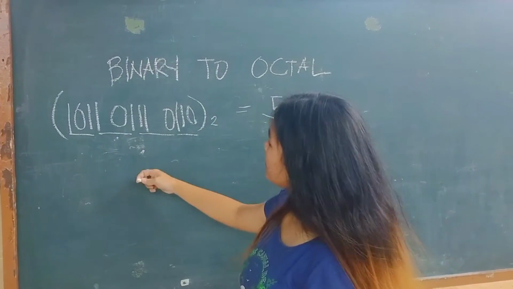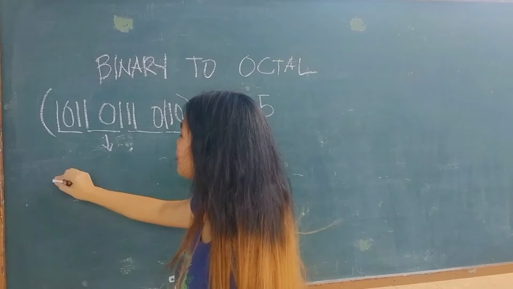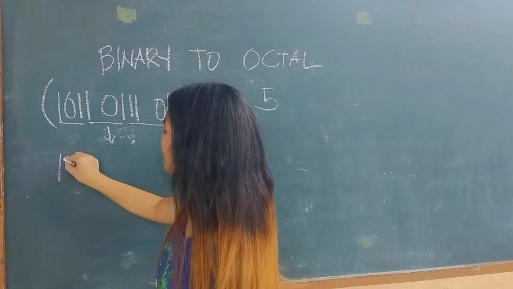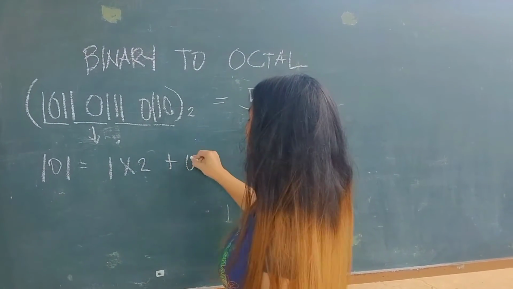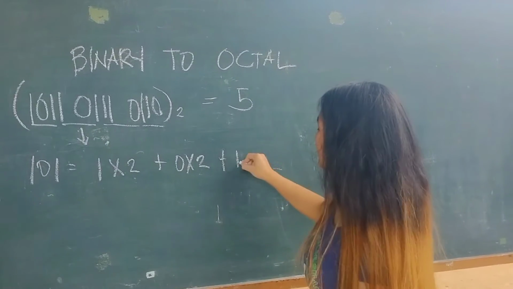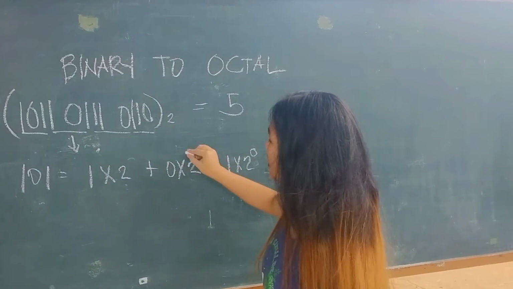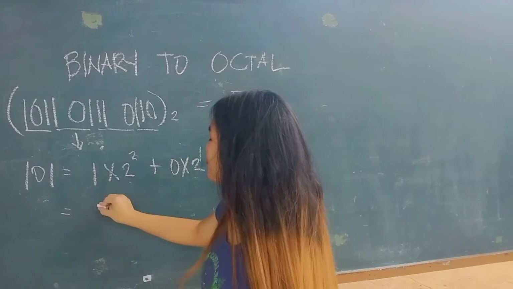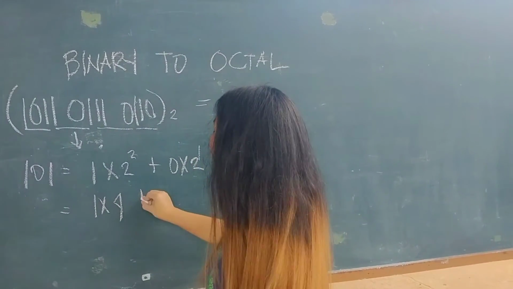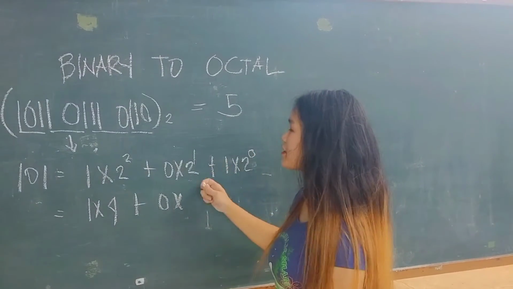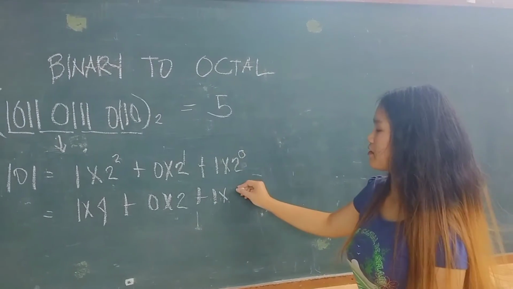By this time, we take 101 in the second group of bits. So therefore, the given is 1 times 2 plus 0 times 2 plus 1 times 2, and you should put an exponent here, 0, 1, 2. 1 times 2 raised to the power of 2 is equal to 4, and 0 times 2 raised to the power of 1 is equal to 2, and 1 times 2 raised to the power of 0 is equivalent to 1.